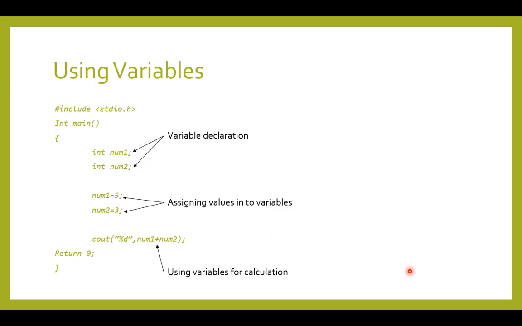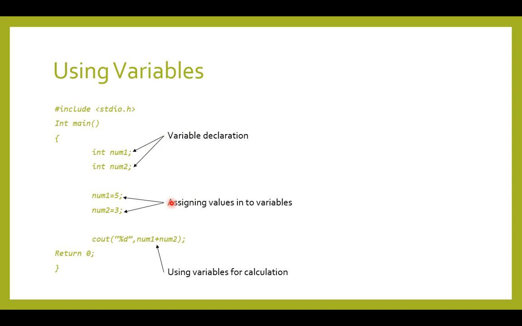So moving on. This is a C program with variables. This is a simple program to solve the problem of finding the sum of 5 plus 3. But in this case we are not just using those mathematical constants, the 5 and 3.